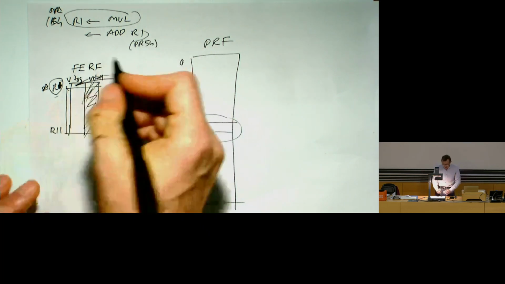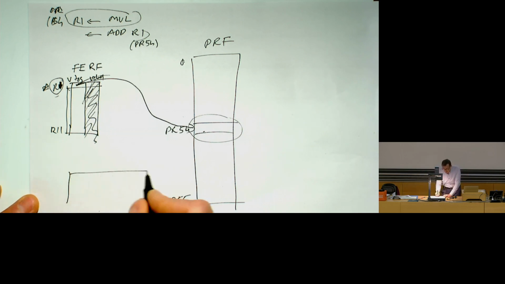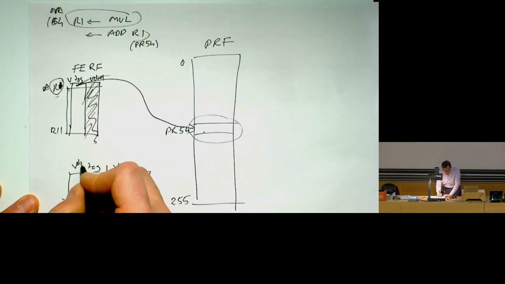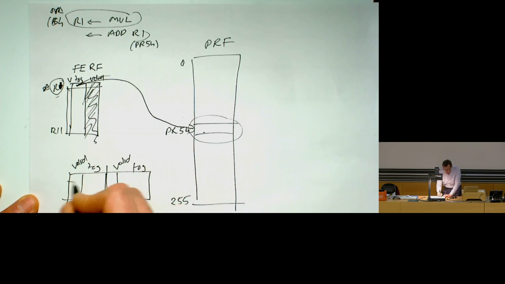And when this instruction wakes up, gets selected, just similar to what we've seen, there won't be any values in the reservation stations. The reservation stations will be just valid bit and tag for both sources. And one of the tags will be physical register 54 over here.